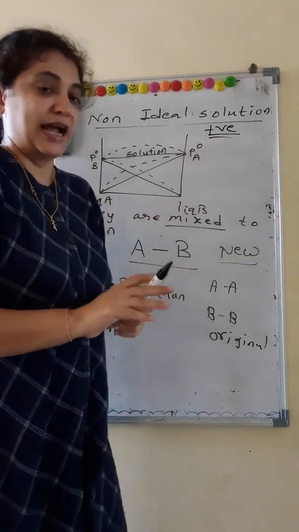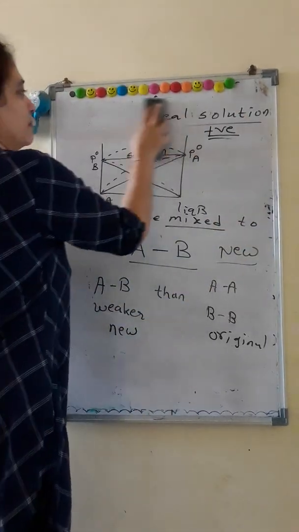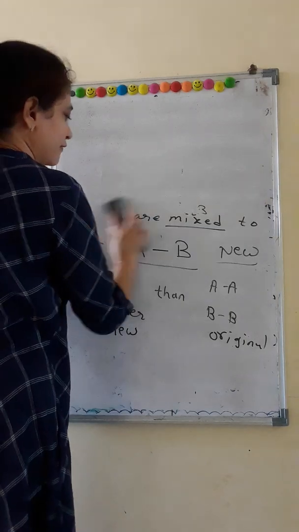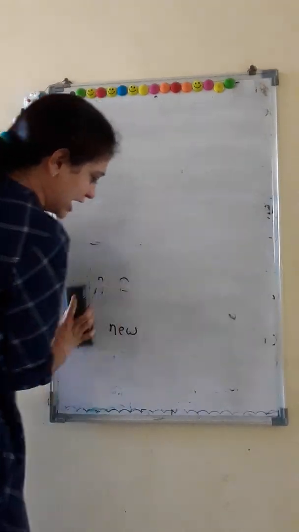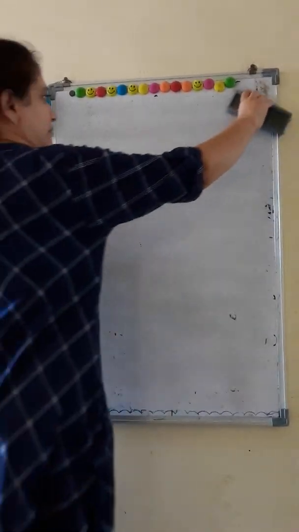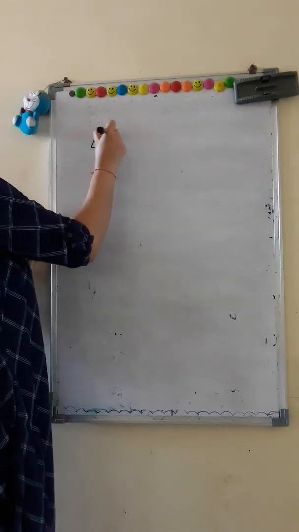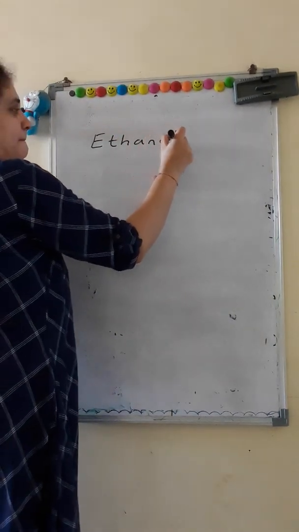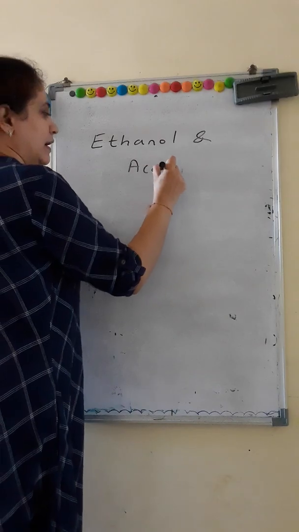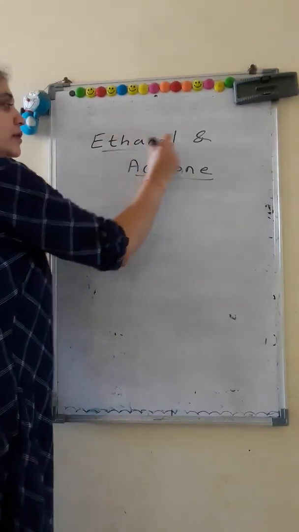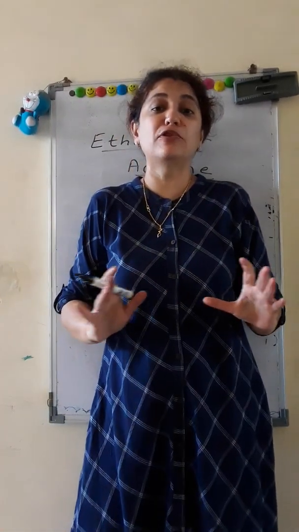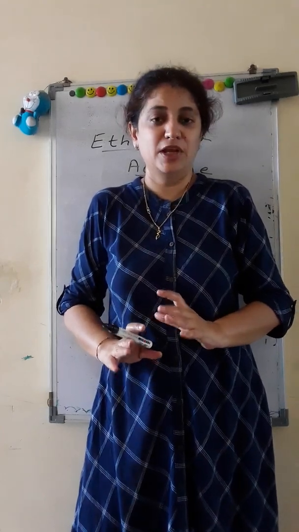Positive deviation. And this type of deviation is shown by a mixture of ethanol and acetone. We all know that ethanol molecules have H bonding between them. So H bonding is greater in magnitude.